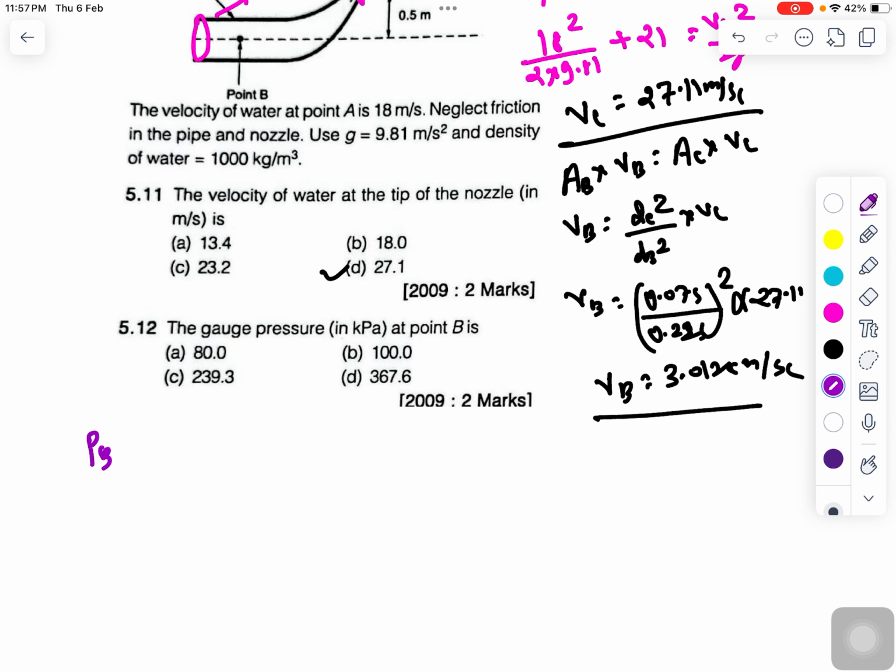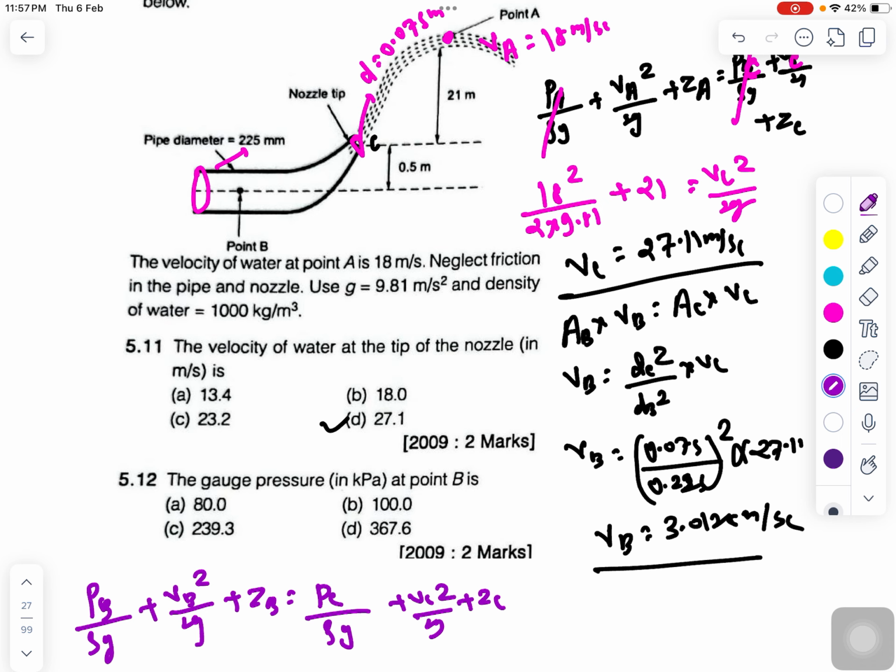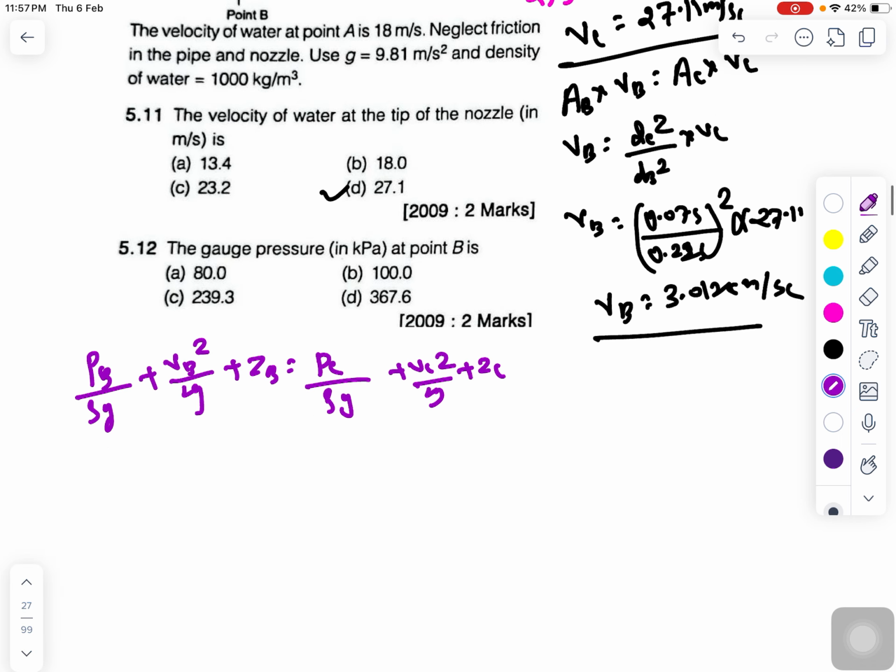So I can write PB by rho g plus VB square by 2g plus ZB, that is equal to PC by rho g plus VC square by 2g plus ZC. So ZC minus ZB is 0.5, right? So I can write PB divided by rho g equals PC, and PC here is open atmosphere.